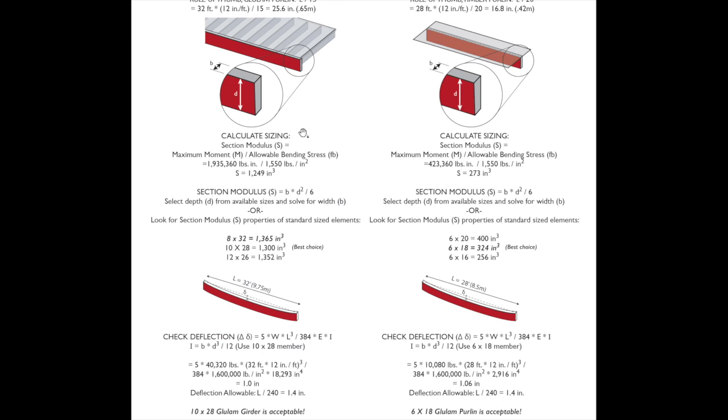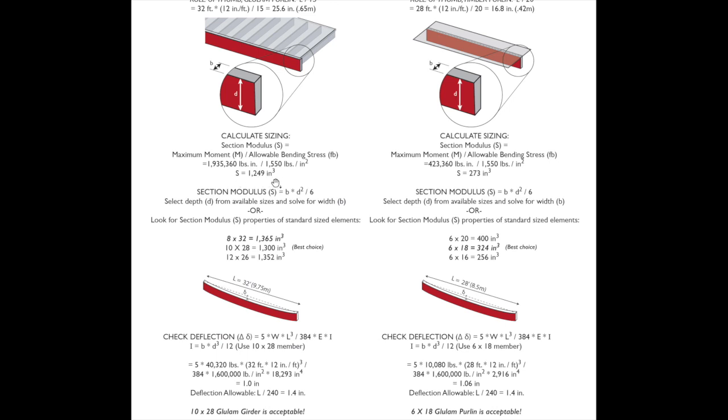Now, in order to find the actual size, what we're trying to solve for is the section modulus. Because we know what the maximum moment is, because we found that on the previous slide, and the allowable bending stress for a glulam is a published value, 1,550 pounds per square inch. Working those together, we find the required section modulus.